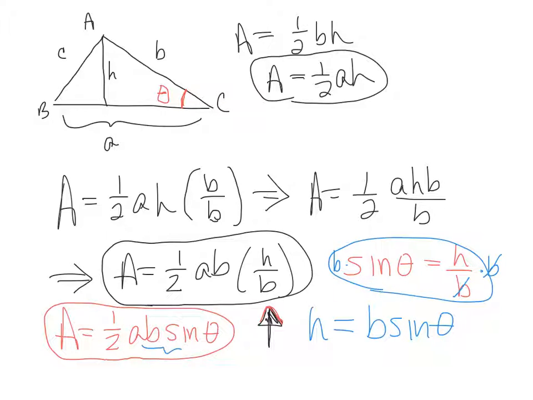That's so cool. So B sine theta represents our height. Well, I thought that was total fun. All right, let's try to use it.